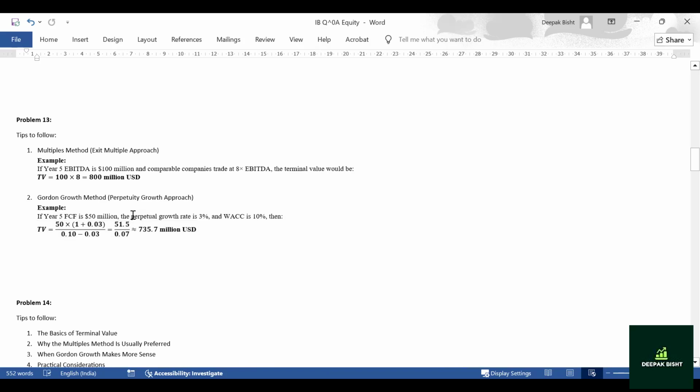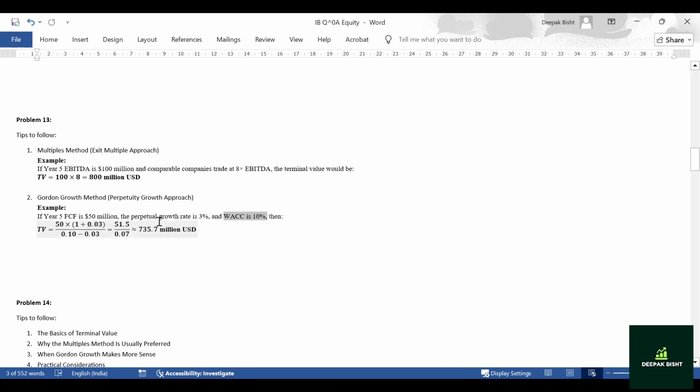There is a perpetual growth rate, the rate at which the company will keep on growing indefinitely, and the weighted average cost of capital is the required rate of return. The key point in this approach is that it is intrinsic value focused and reflects the company's ability to generate cash in the long term.